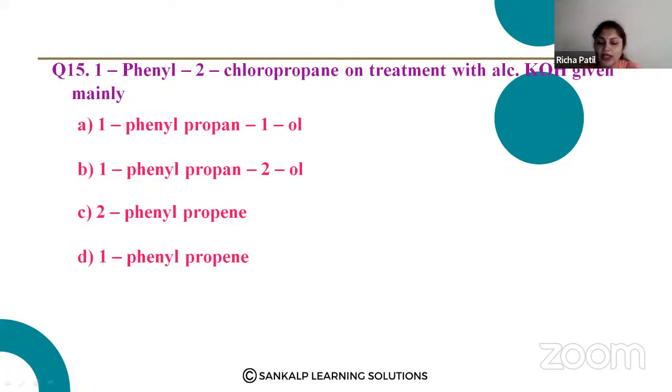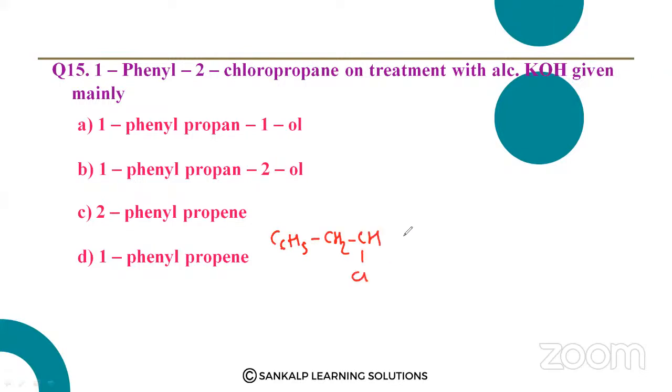1-phenyl-2-chloropropane on treatment with alcoholic KOH. We'll write the reaction. It is C6H5CH2CHClCH3 in the presence of alcoholic KOH.